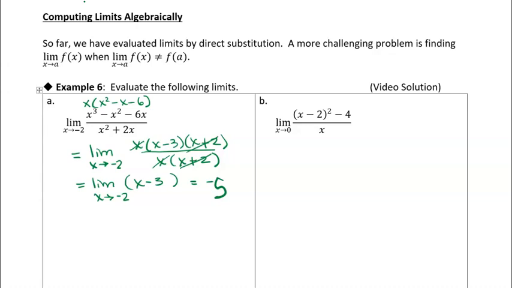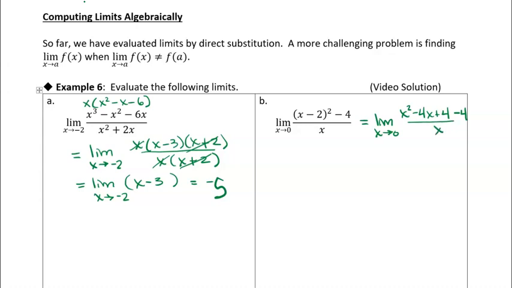Again, we just have to do some algebra here. And I think what I want to do is expand that square and see if I can find some things that cancel. So let's just rewrite this. This is the limit as x approaches 0 of, let's expand this square, we get x squared minus 4x plus 4, and then minus 4, all over x.